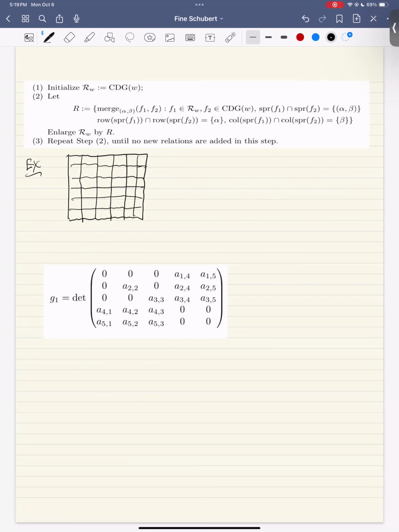If the spreads of the CDG generators that you start with only intersect in basically one square, so there's a unique row and a unique column in common, then you can merge them and you get a new polynomial, and you add that to our set of polynomials. Okay, so let me do an example.